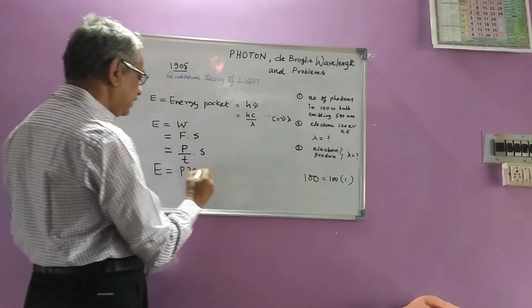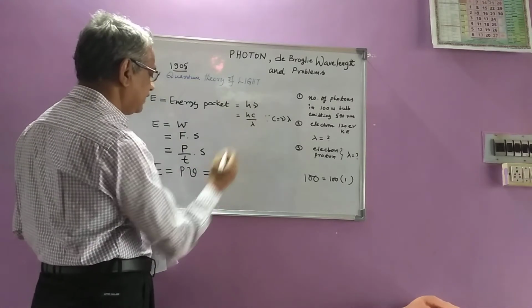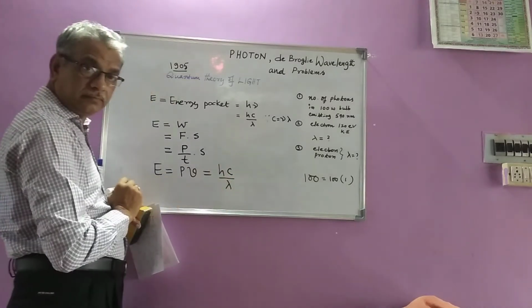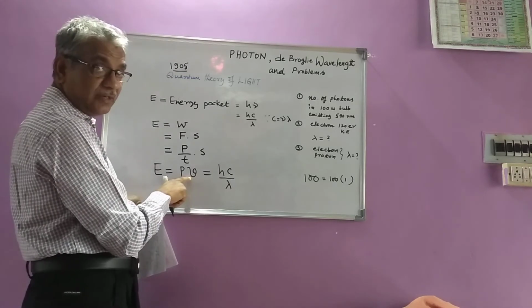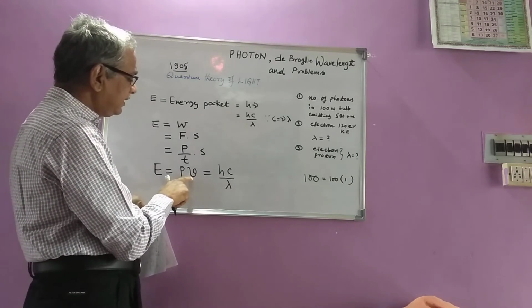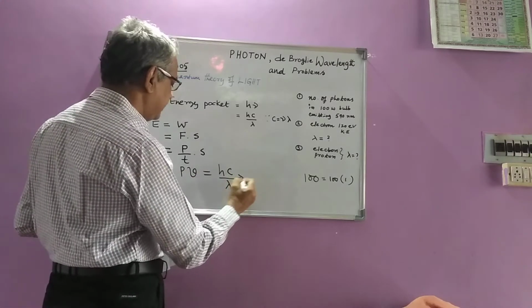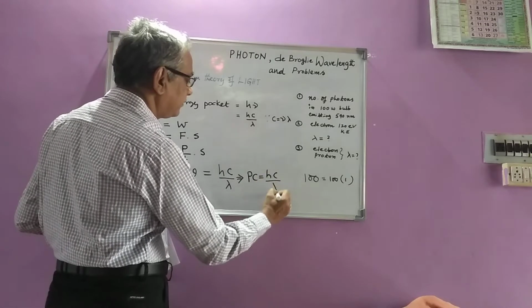Now this energy I will write here is equivalent to hc by lambda. Now from here, V is nothing but velocity. Velocity I will write here, velocity of light. So this equation I can write as Pc is equal to hc by lambda.